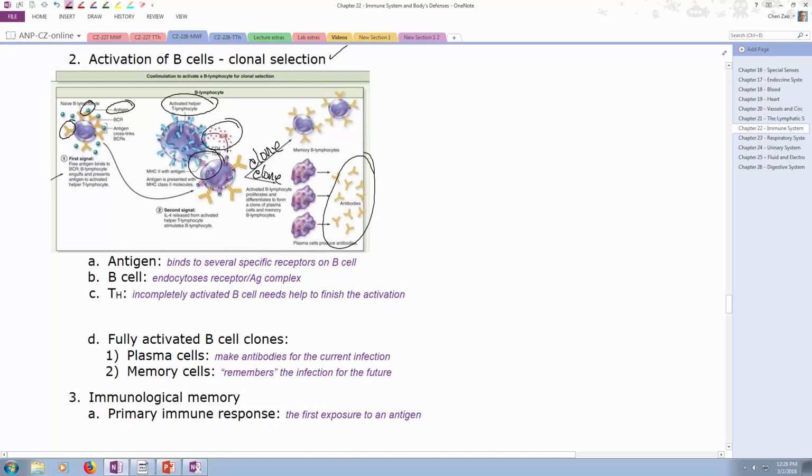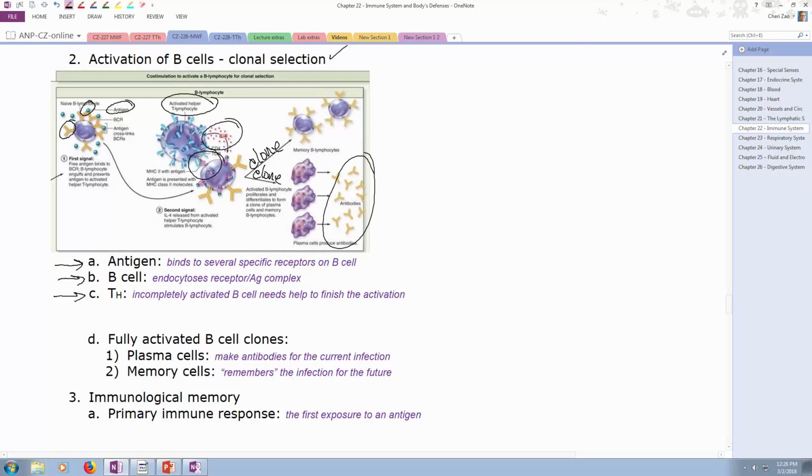with the next exposure. Our notes here say antigen binds to specific receptor on the B cell. Absolutely. It's very specific for that antigen. B cell endocytoses that receptor antigen complex. And then in order for us to complete our activation, we have to find a T helper cell that knows what to do.